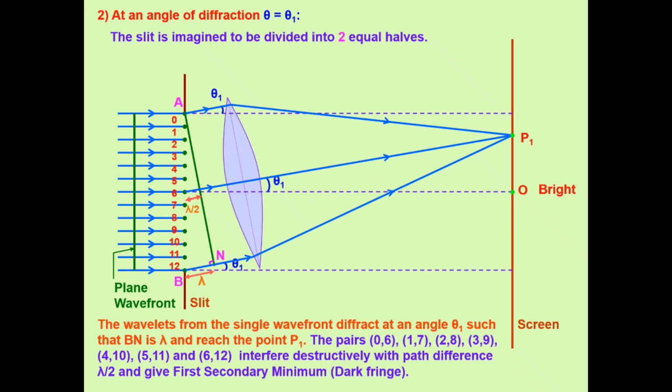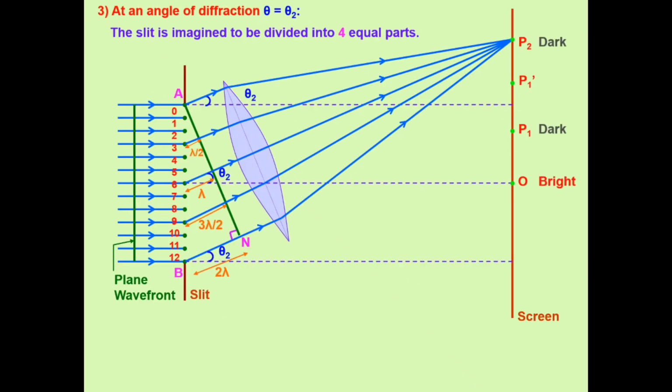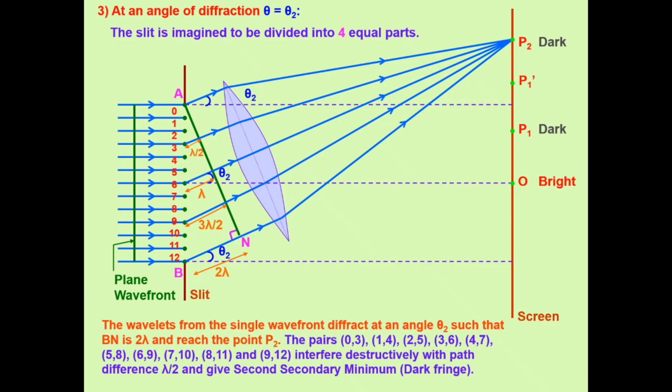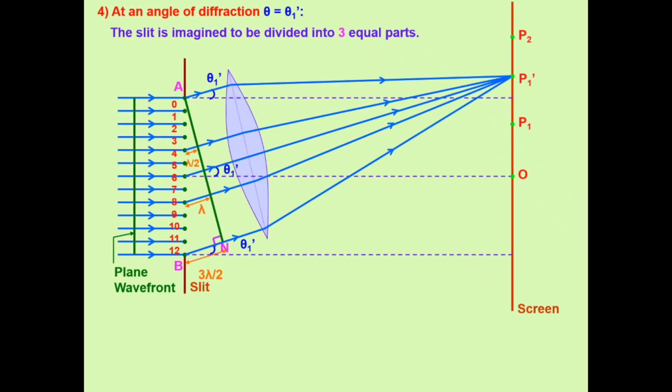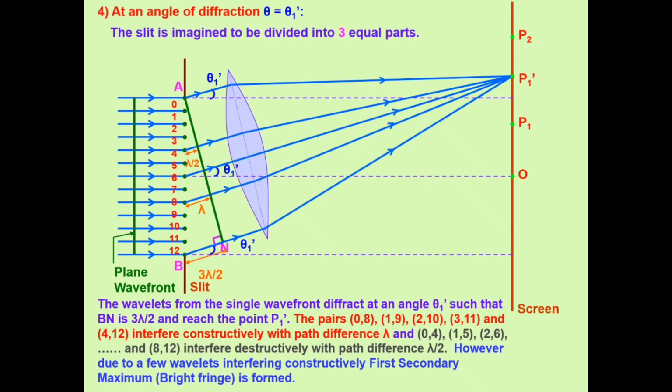You will get the first secondary minima, or dark fringe. Remember these two equal parts. After that, at angle theta 2, I divide it into 4 equal parts so that you get the dark fringe. In interference, an even multiple gives a bright fringe, but in diffraction the concept is reversed: an even multiple is a dark fringe or secondary minimum. After that, I take theta 3 and divide it into 3 equal parts, so you get the first secondary maxima or bright fringe.